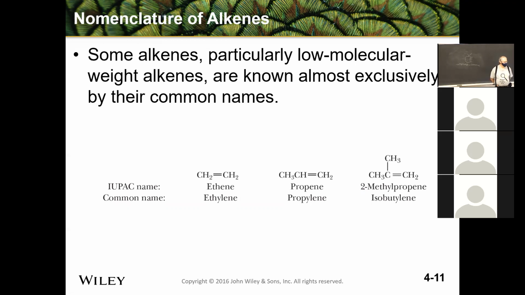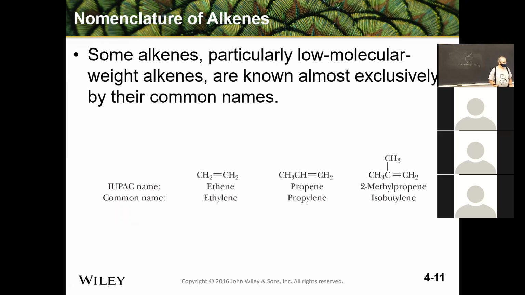Some alkenes, particularly low molecular weight alkenes, are commonly, in some cases almost exclusively, at least in the United States, known by their common names. The systematic name for the simplest alkene is ethene.